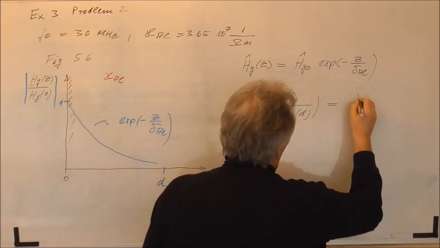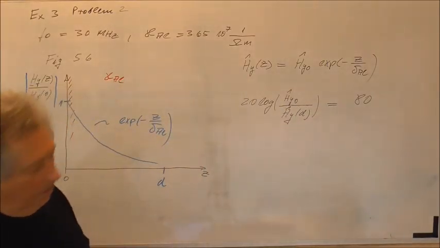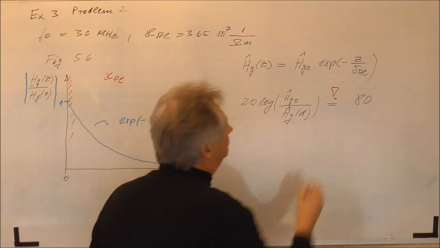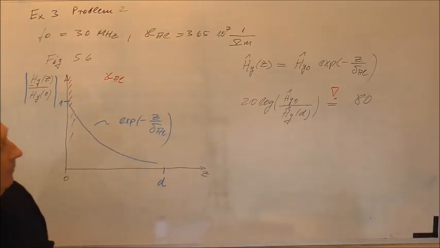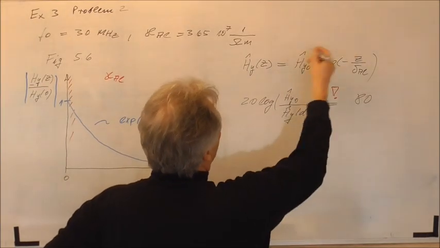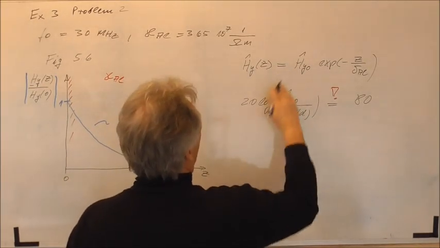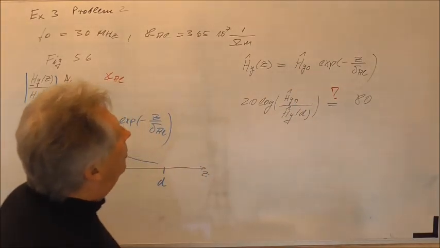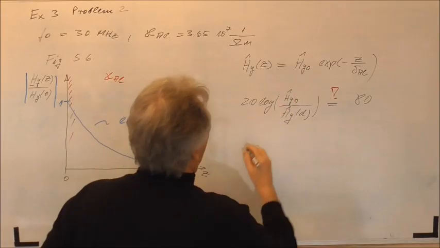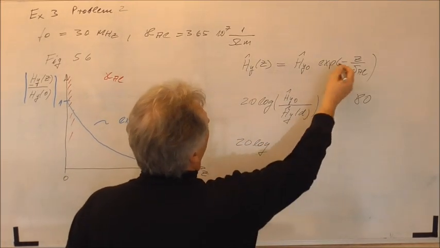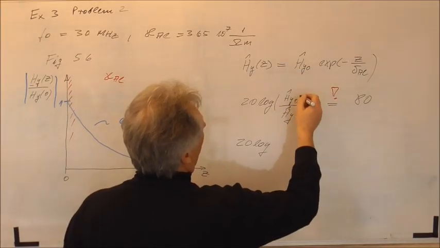And this must be 80 according to our definition here. So this is in principle the dB scale now, and if I insert this, I can write this here, and then we will have 20 log, and I solve for this ratio.